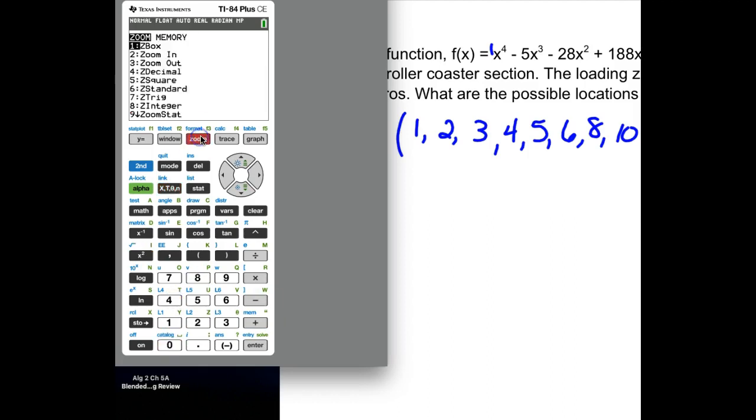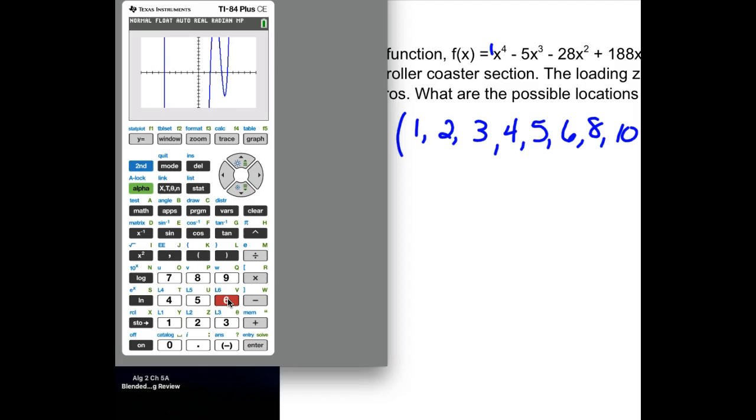I'm going to do a zoom 6 to go back to a standard window. All right, and I see 4 x-intercepts, 4 places where it crosses the x-axis. On the far left, it looks like it's crossing at a negative 6, and then on the positive side, it looks like it's crossing at 2, 4, and 5.